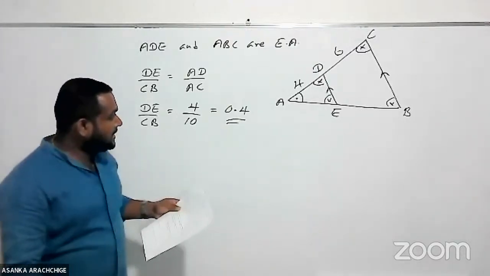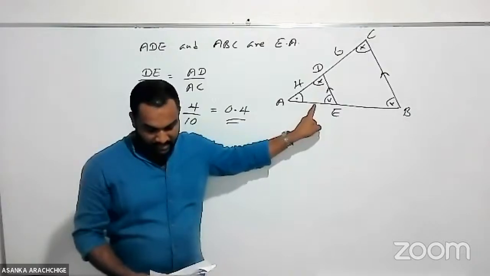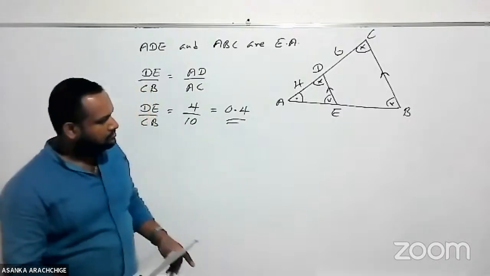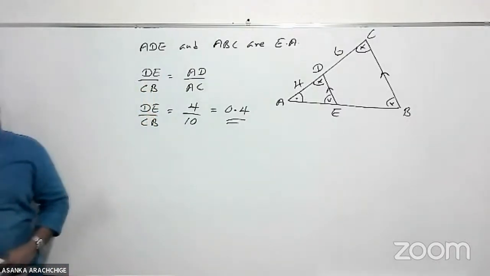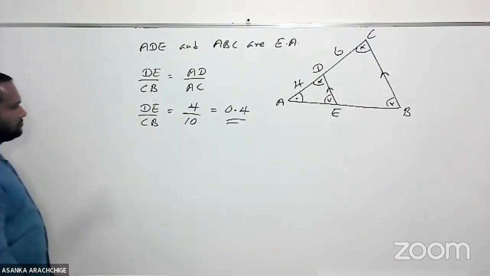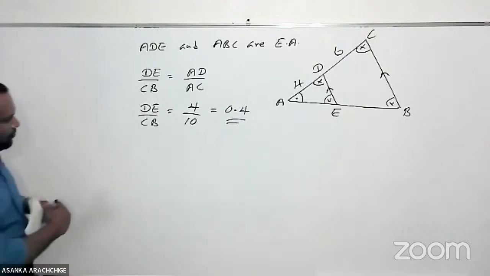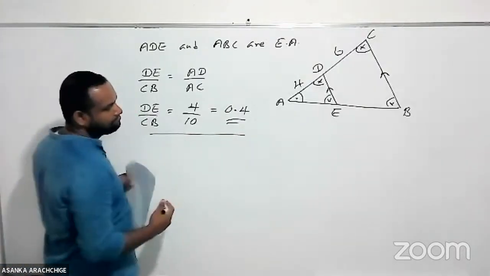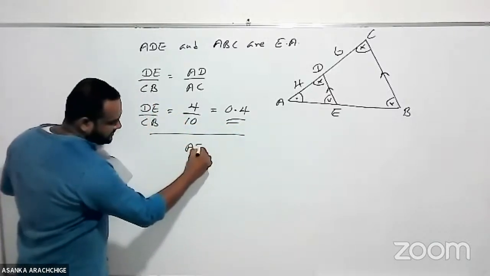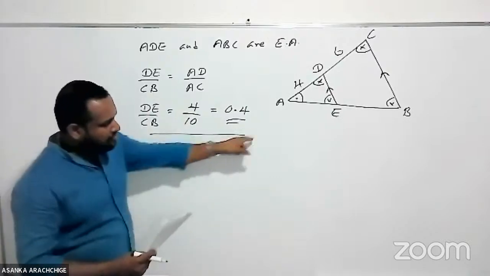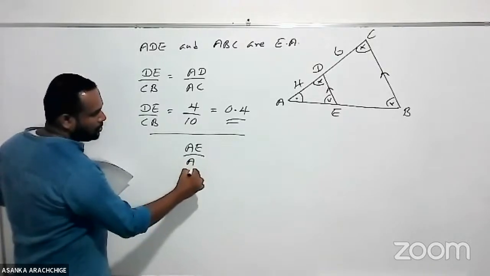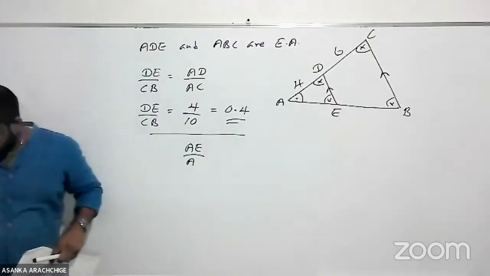Find the length of AE if BE is 9 centimeters. Oh, now look. AE, the same theorem, the same reason.